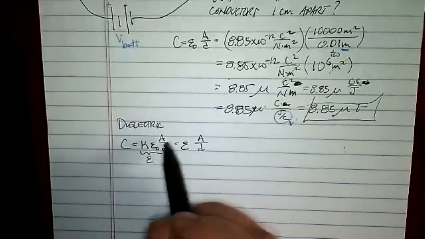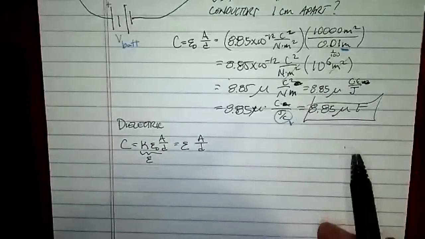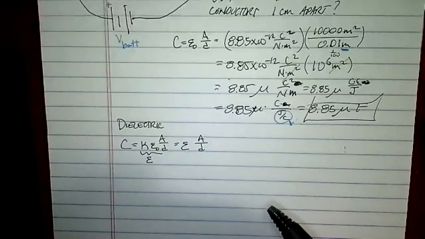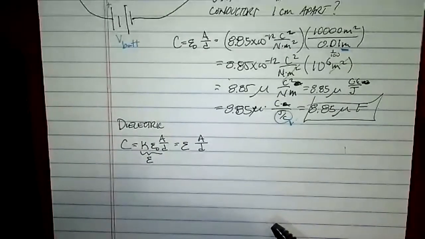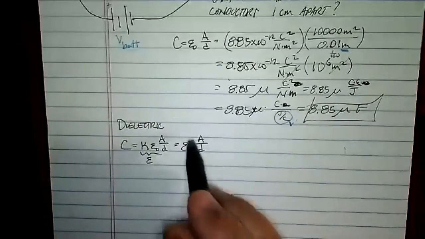So your capacitance goes up by a factor of 220%. If you put polystyrene, it's 2.6. If you get really fancy, you can go to rubber and neoprene. That gives you 6.7. If you want to go to liquid water, that'll give you 80. And if you want to go to strontium titanate, that'll give you a factor of 300.